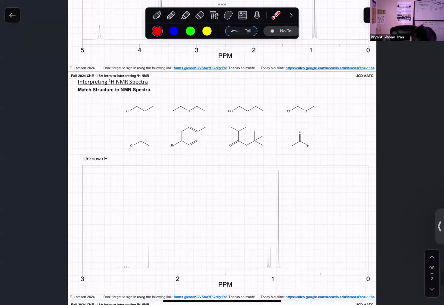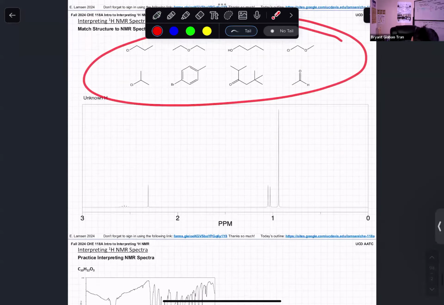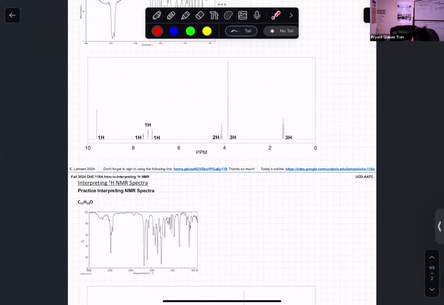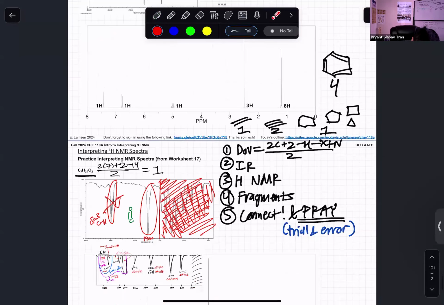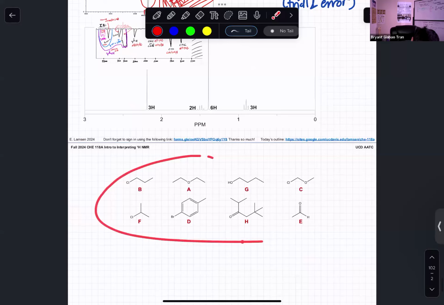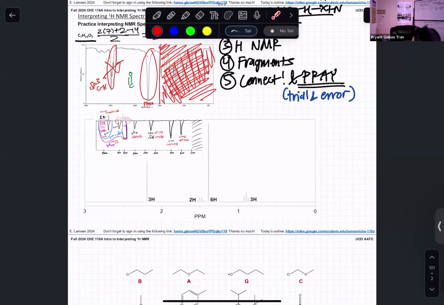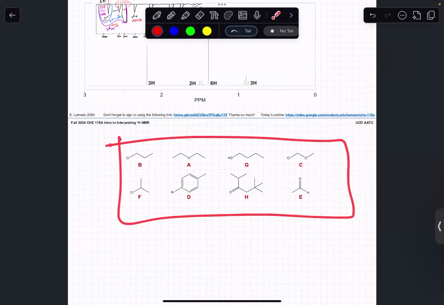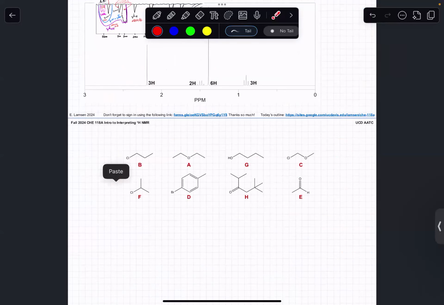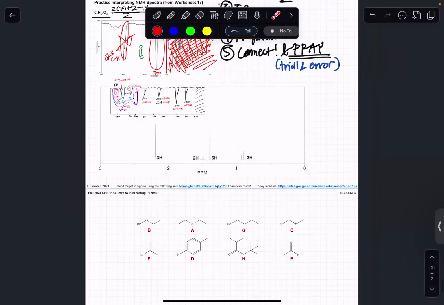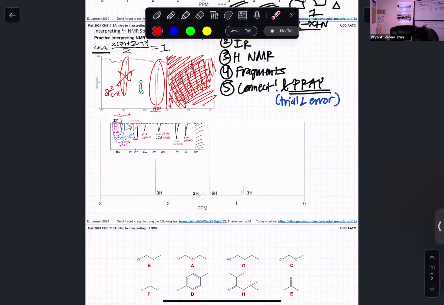Wait, are these the molecules that are possible for unknown H? Or did they give us these for this problem, and then we have to choose? I'm actually not sure. I just took this as a resource from I think Edna.